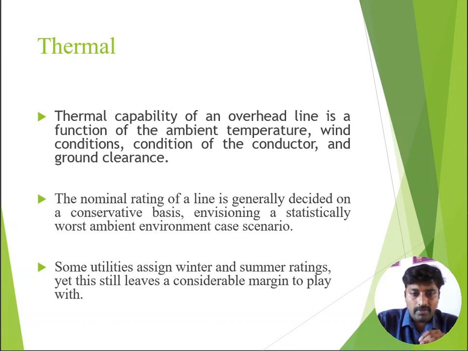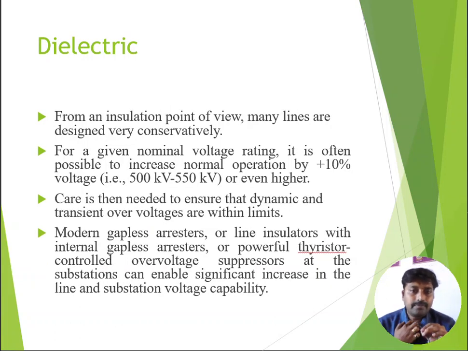So once you consider this, we can take the readings for the worst ambient environment case scenario. Some utilities assign winter and summer ratings also. Like that, we can consider the thermal constraints.